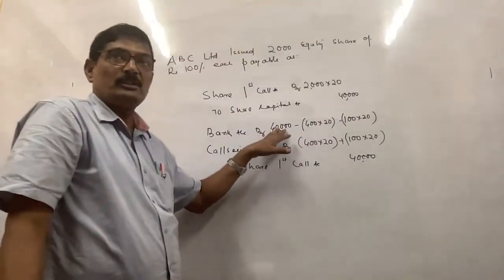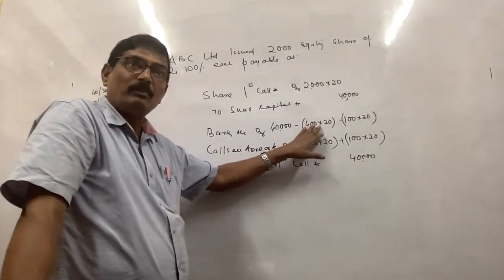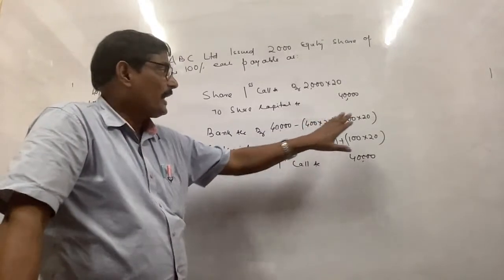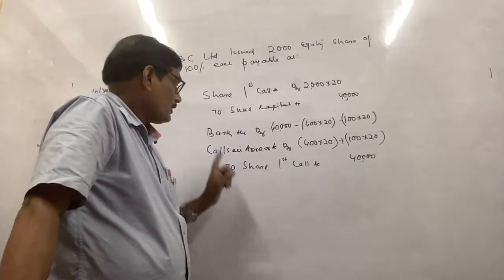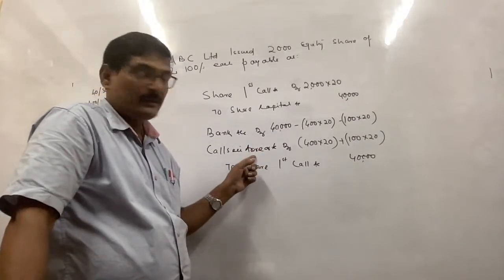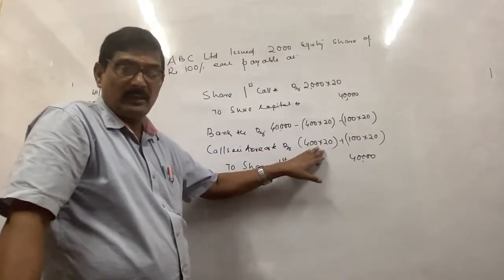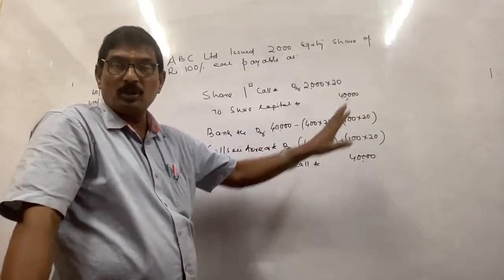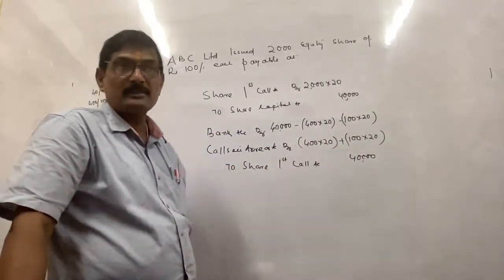I was supposed to receive 40,000. Holder of 400 shares, they have not paid the allotment. It is implied that they have not paid the first call also. And holder of 100 shares, they are not paying the first call. Calls in arrear account debited. This money: holder of 400 shares have not paid the allotment and first call, and holder of 100 shares have also not paid the first call. To share first call, that is 40,000 rupees.